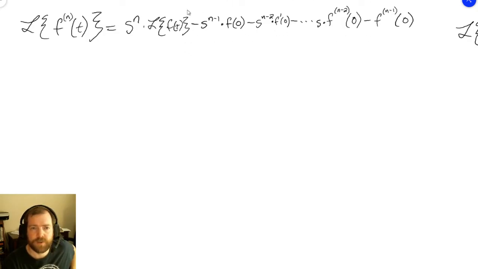So these are just the initial conditions here. Generally speaking, we don't have to worry about them too much, or they're going to be given as zeros most of the time.